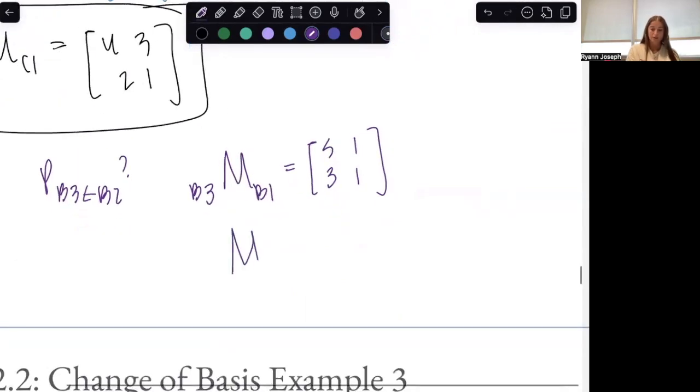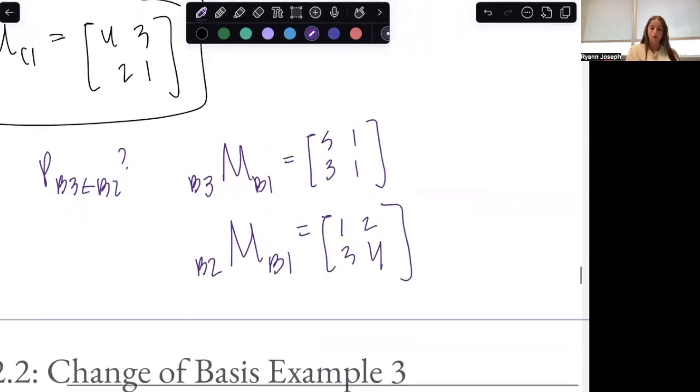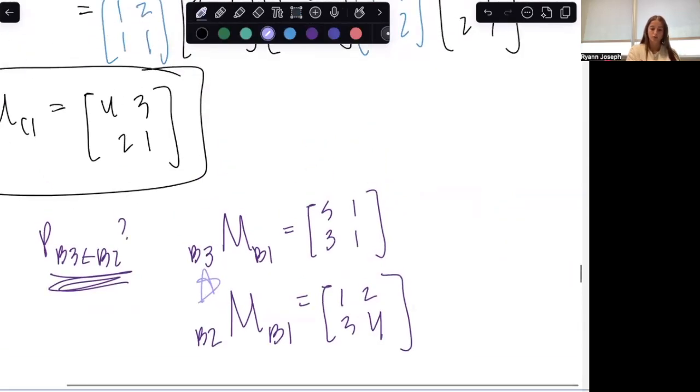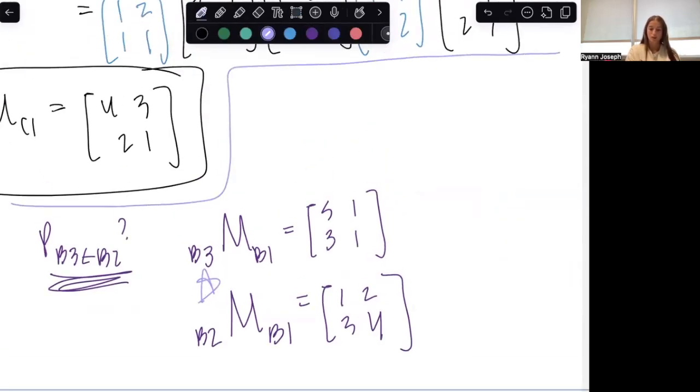We already have the linear transformation matrix with respect to B1 to B2, which is 1, 2, 3, 4. So the way that we can solve for this guy is using these two pieces of information, right? Here I can see that MB3 from B1 is going to be equal to when I go from B2 to B3 times B2, B1.